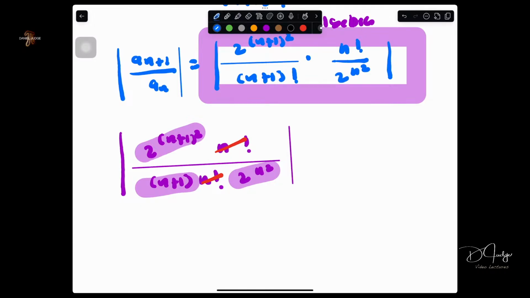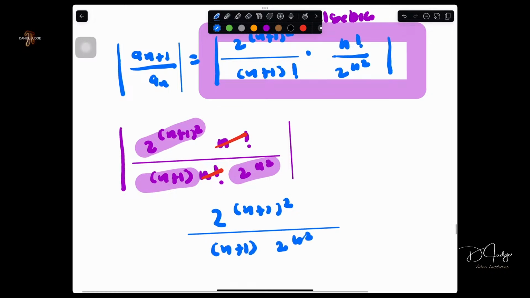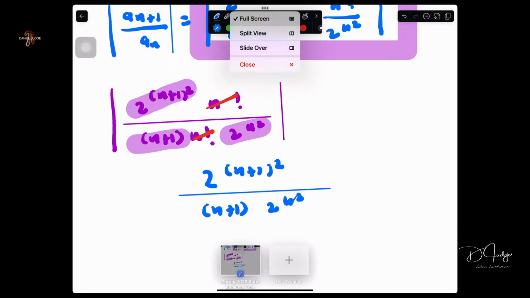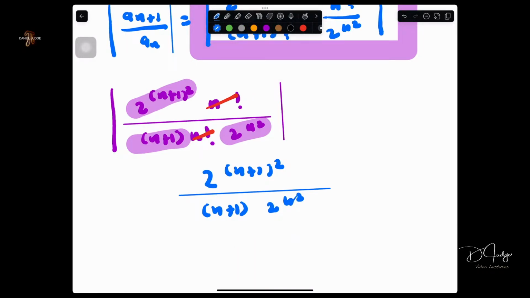So this is really going to be 2 to the (n plus 1) squared over (n plus 1), 2 to the n squared power here. But, all right, I hate that. But we're going to use some properties here.